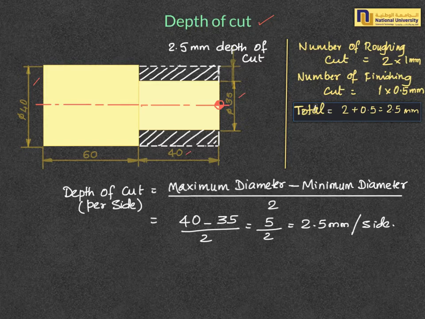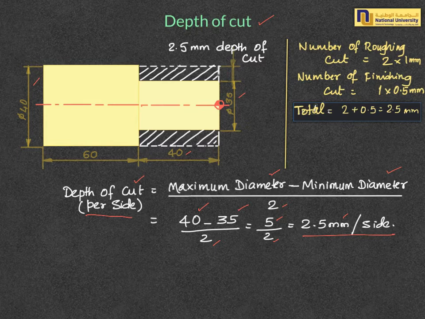So depth of cut per side is given by maximum diameter minus minimum diameter divided by 2, since it is per side. So maximum diameter 40 and the machined diameter is 35, divided by 2, which gives you 5 over 2, 2.5 millimeter per side is the depth of cut, which needs to be removed from the workpiece to get the shape of the object.